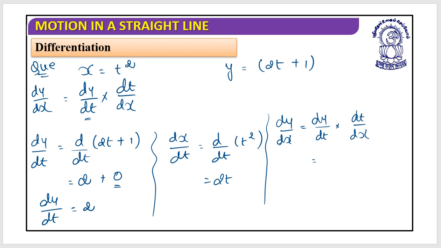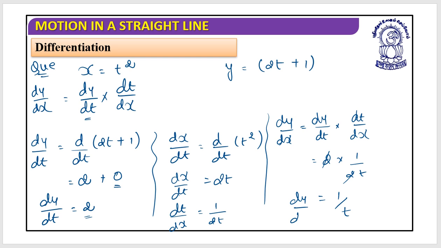So dy by dt is 2 multiplied by dt by dx. Look at this, this is dx by dt. If you take the inverse of this, dt by dx is 1 by 2t. This 2 would be gone, and the remaining is 1 by t. This is dy by dx.